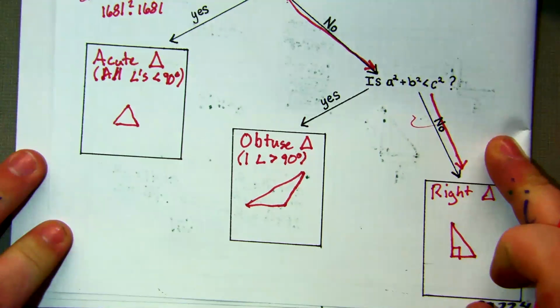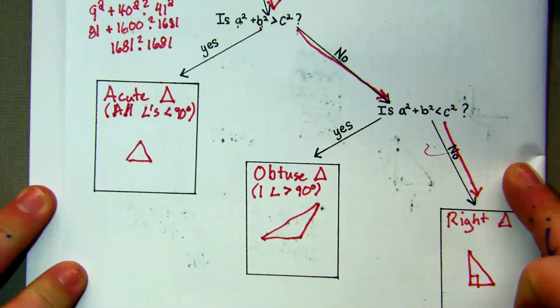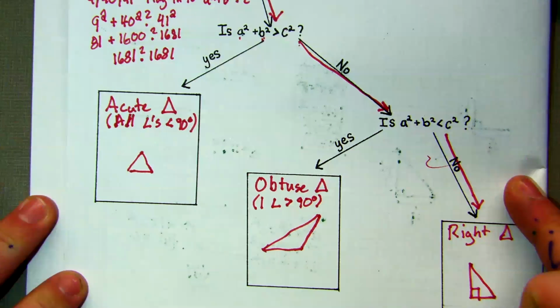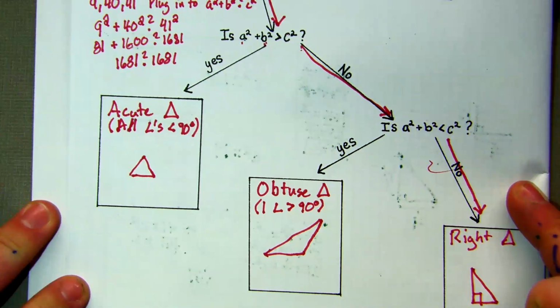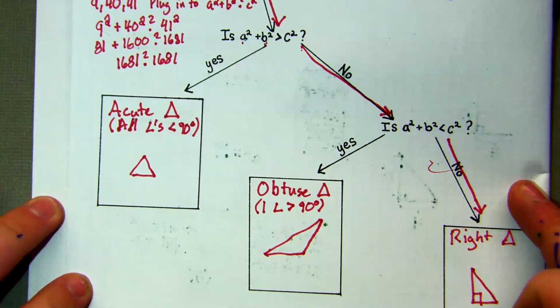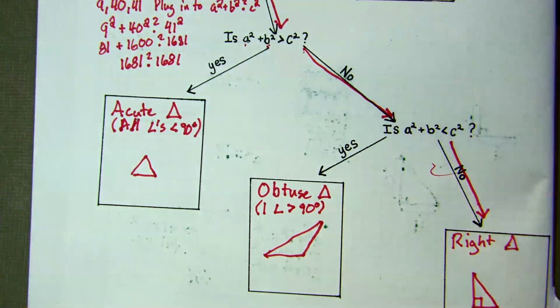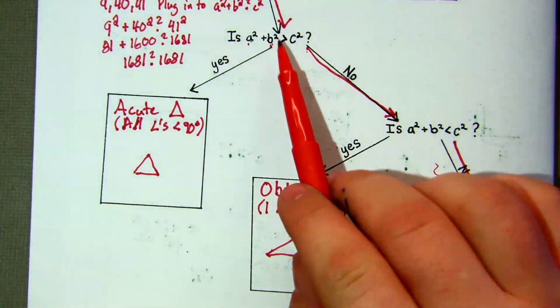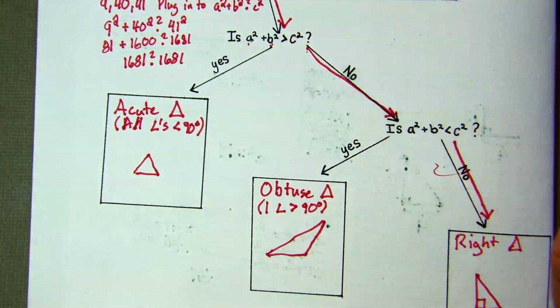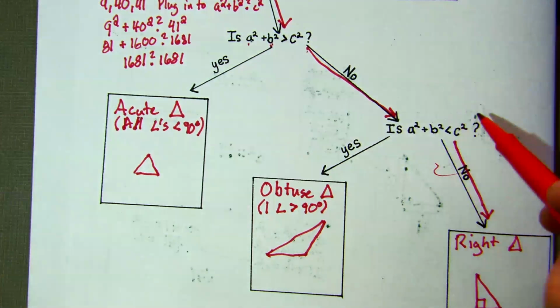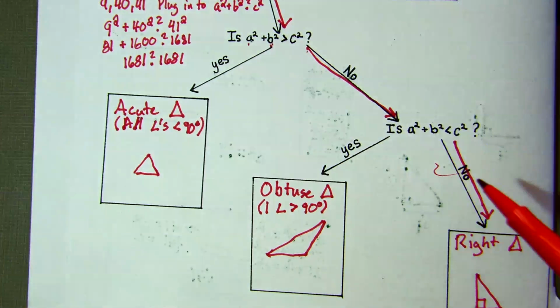Because if we think about it, what we did is we just kind of plugged it into the Pythagorean theorem. We saw a squared plus b squared is not greater than, and it's also not less than. So it has to be strictly equal.